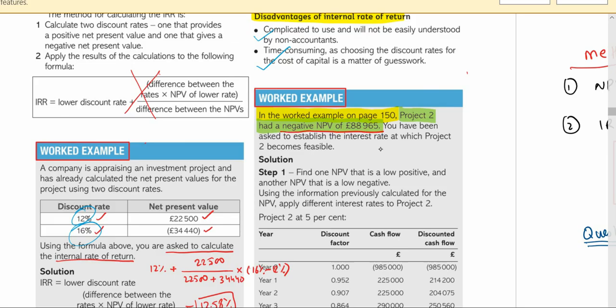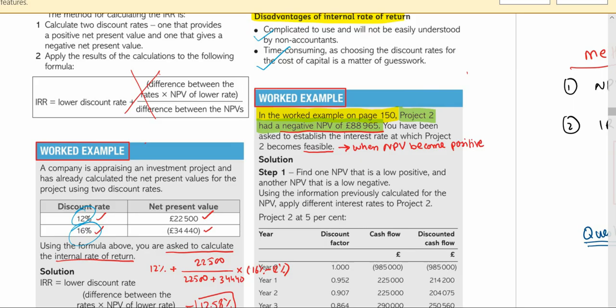So the question is how the NPV becomes positive. It's very easy.